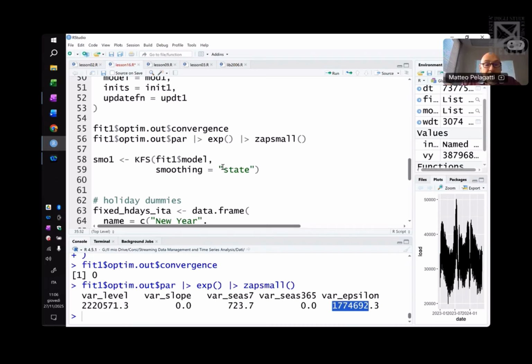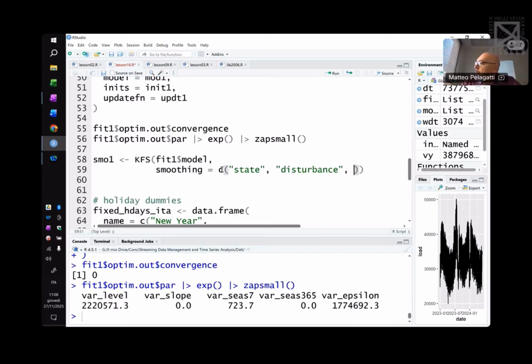But as I told you, I'd like to also have the disturbance smoother. Why the disturbance smoother? Because we want the auxiliary residual. So we want to see if there are abrupt changes in any of these disturbances.